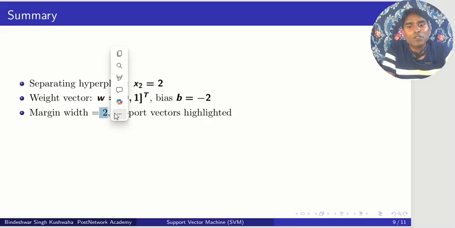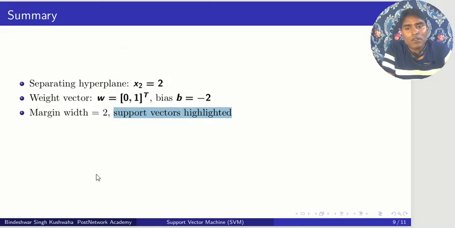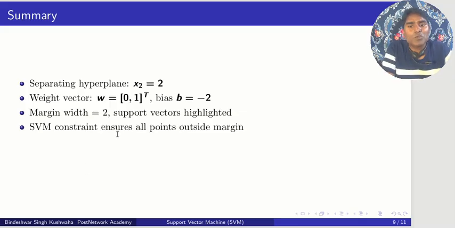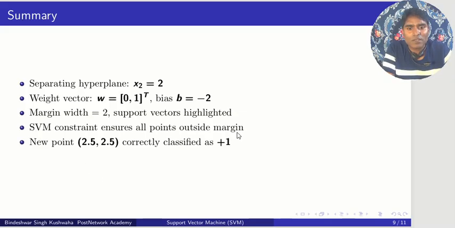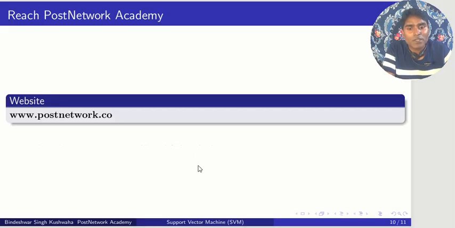The margin with two support vectors is highlighted, and the SVM constraint ensures all points are outside the margin. The new point we have correctly classified as plus 1.